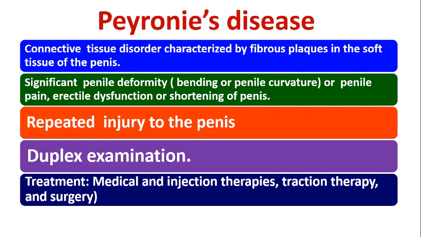Also it can present with erectile dysfunction or shortening of the penis due to contraction of the fibrotic part of the penis. The pathogenesis of Peyronie's disease may be attributed to repeated injury to the penis during repeated sexual intercourse. However, there is genetic predisposition.